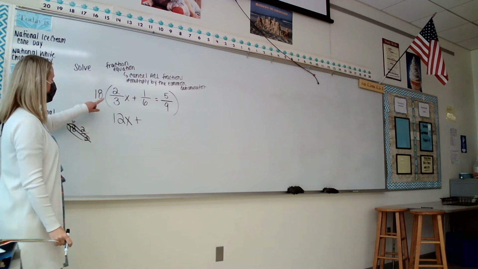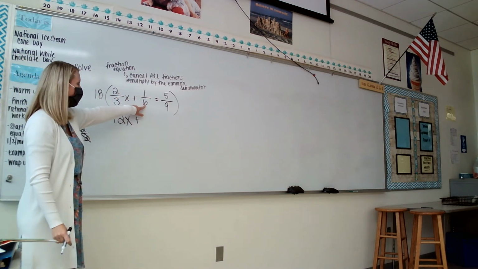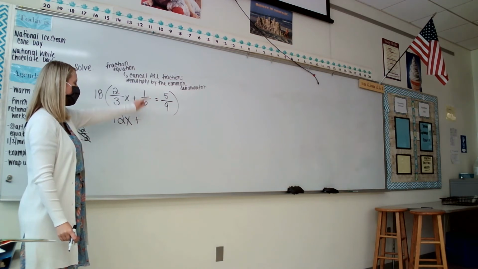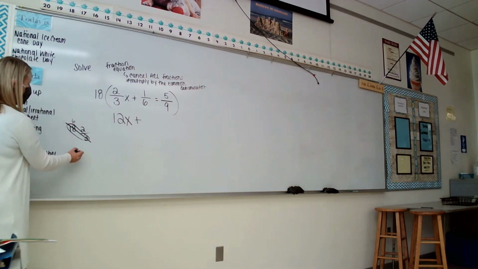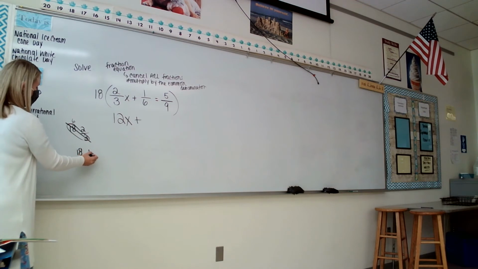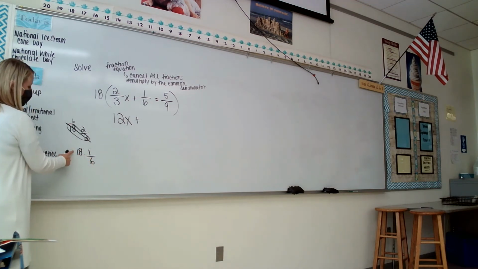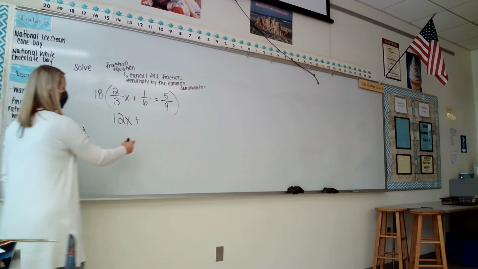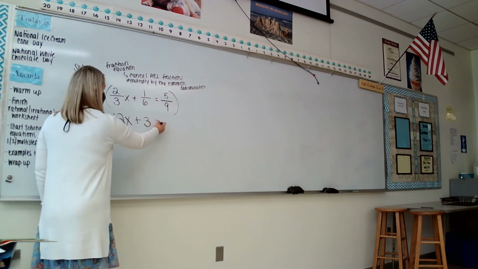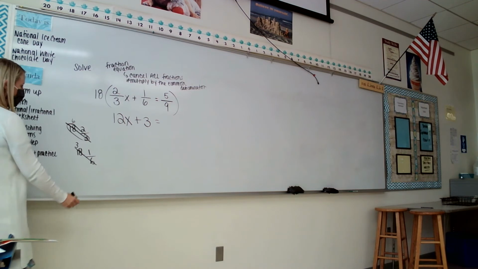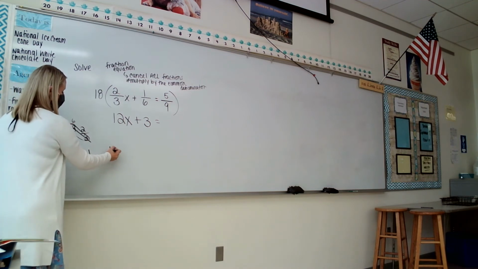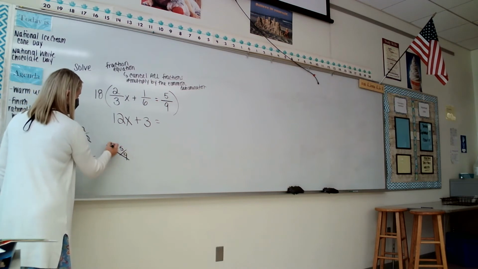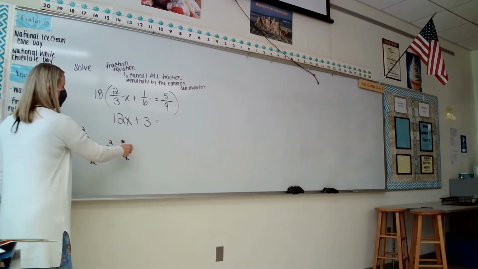So I kind of just do, okay, what's 18? I put it over whatever's in the denominator of that fraction, and reduce it, and then I multiply it by the top. So if I have 18 times 1/6, I say, oh, 18 over 6 is just 3. 3 times 1 is 3. And then last, I have 18 times 5/9. 18 over 9 is just 2, times 5 is 10.